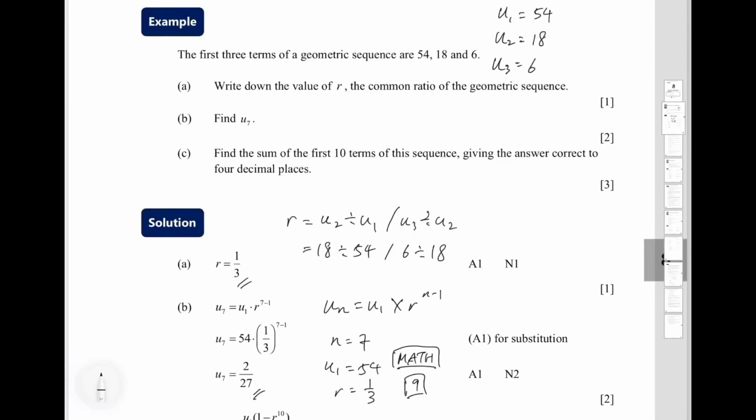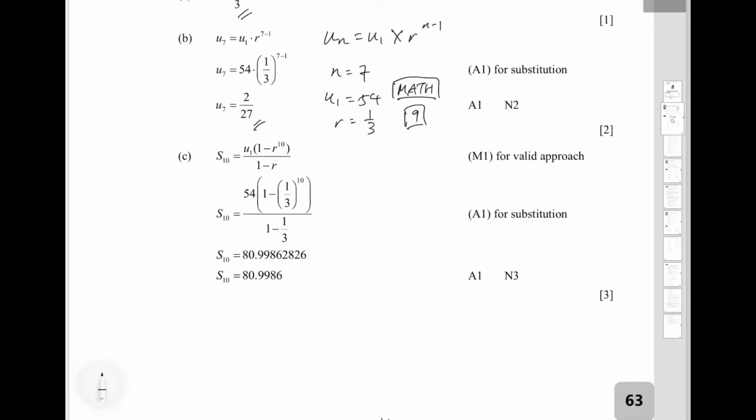So for part C, we are going to find the sum of the first 10 terms of this geometric sequence and correct our answer to 4 decimal places. When we are going to consider the sum of the first n terms of a geometric sequence, we can use the formula for the sum of the first n terms.